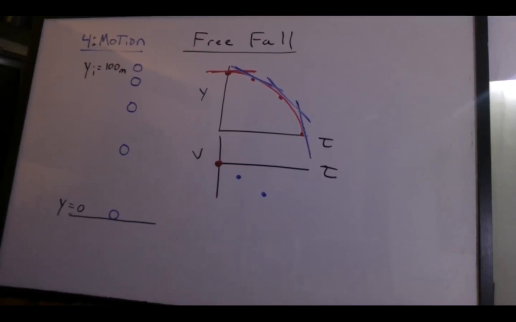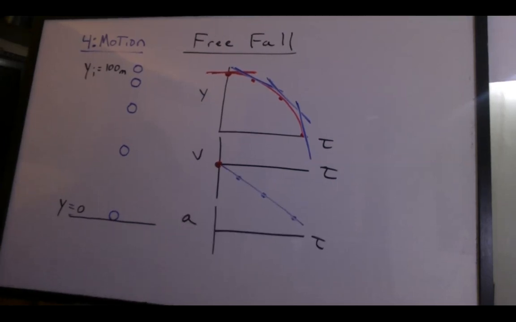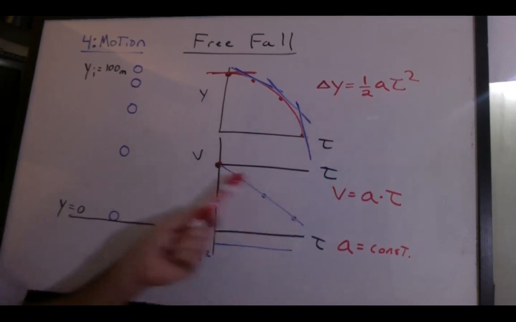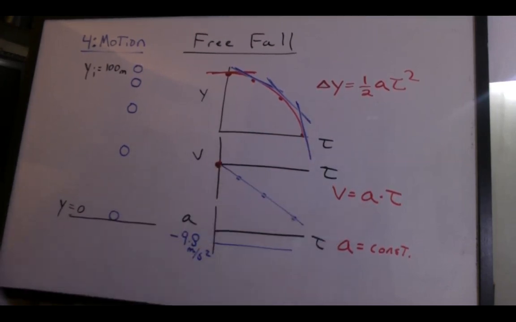The last slope, more negative yet. Sure, it's a linear relationship. And the acceleration versus time, negative 9.8 meters per second squared the whole way. And these graphs agree with the formulas. Parabola, yeah, it's 1/2 AT squared. Velocity, it's a linear function. Acceleration is constant.